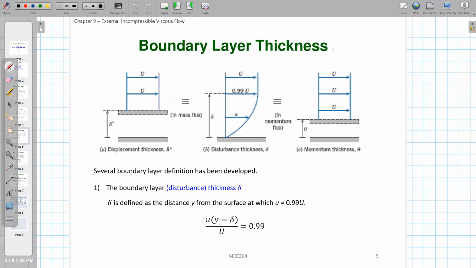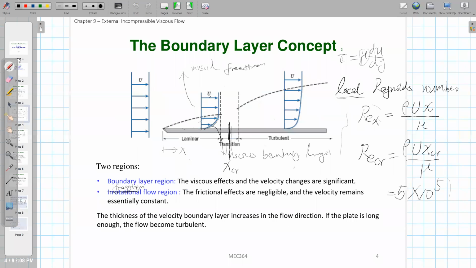Okay, so this is what I've tried to summarize here. And then the next thing is how we can determine the boundary layer thickness. We see this dashed line distinguishing the flow, and we want to know what the y value of this dashed line will be, in other words, what the thickness of this boundary layer will be.